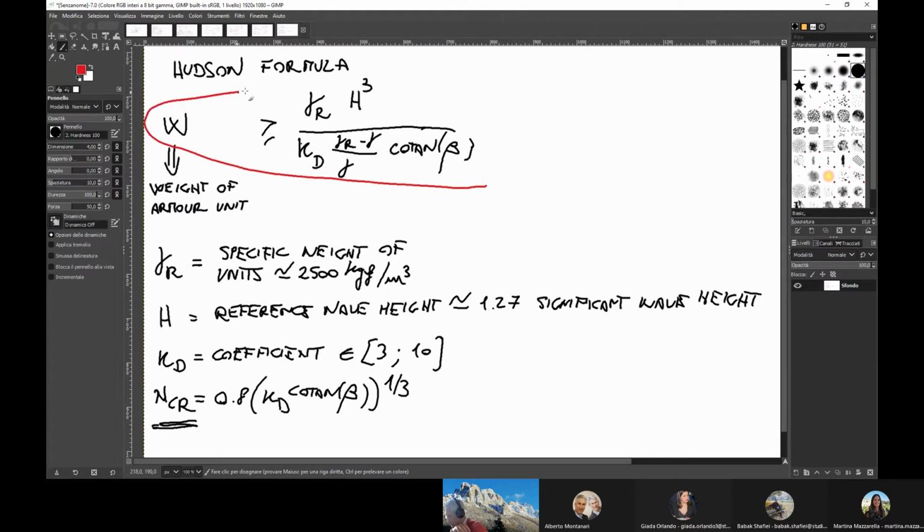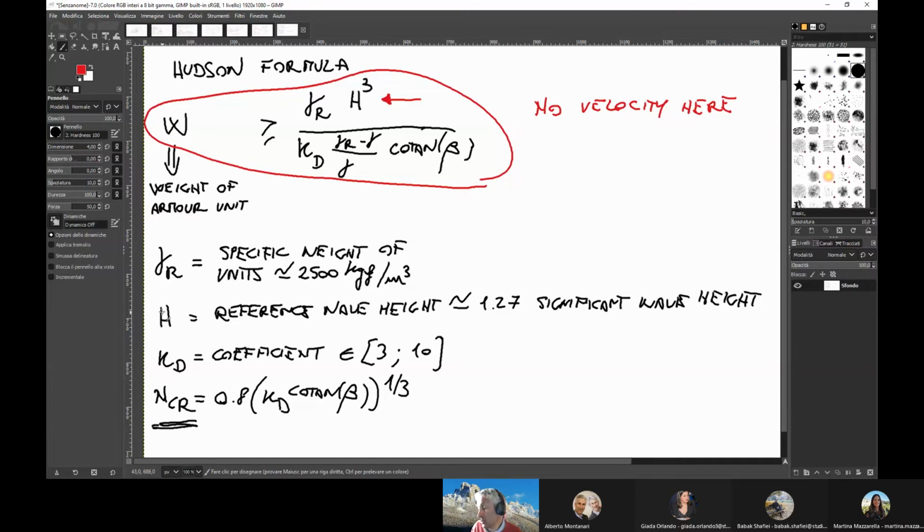Okay. You see that it's quite different with respect to the Shields parameter, because we have no velocity here. What is taking the place of velocity? It's H. So in this case, you just need an estimate of H, reference wave height, which can be derived by knowing the significant wave height.